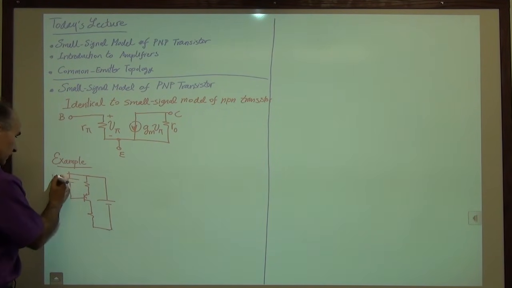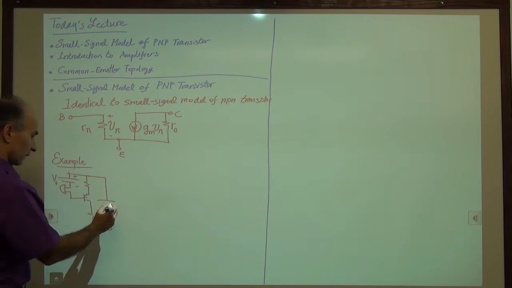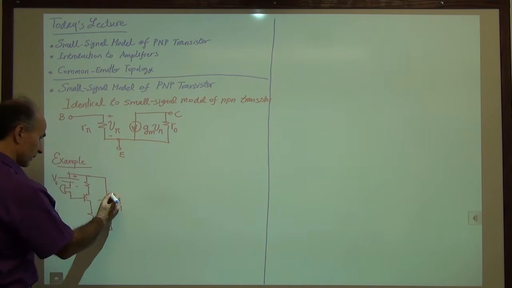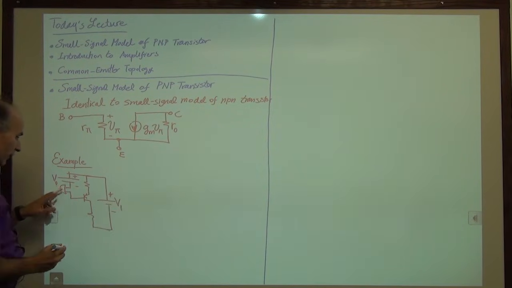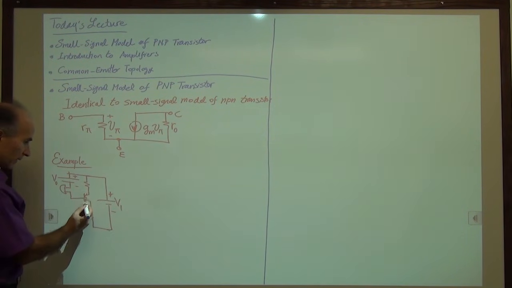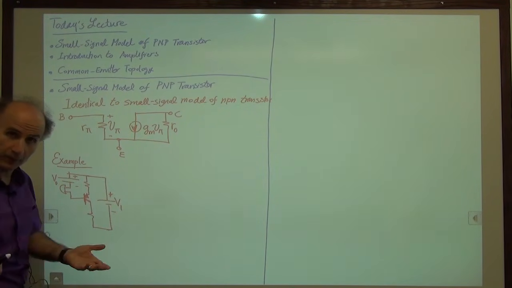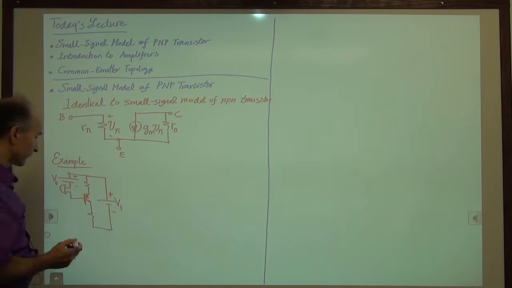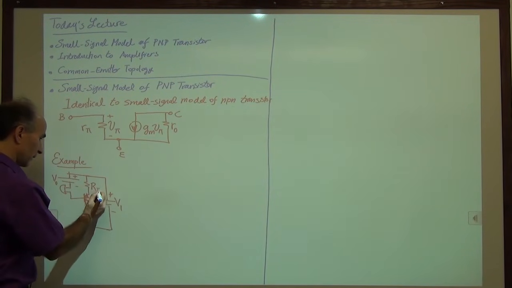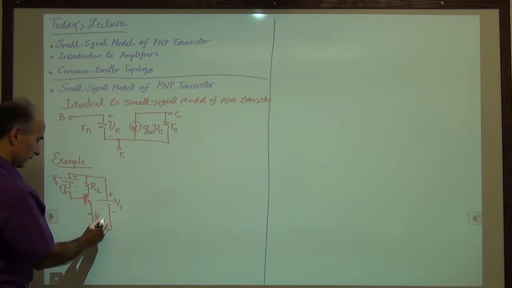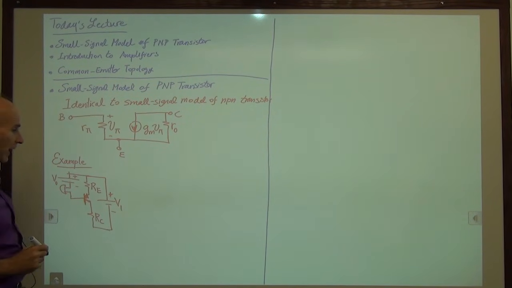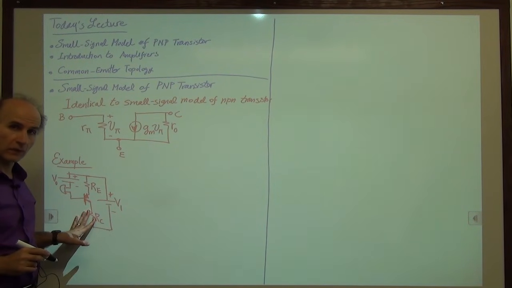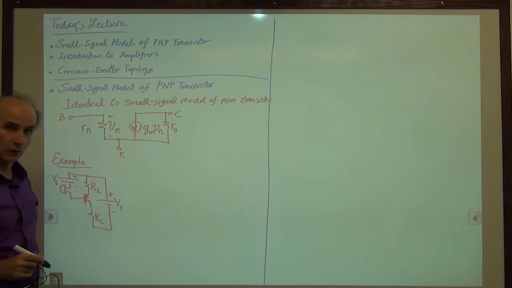So we call this V0, we call this V1. We have a microphone signal, there's a PNP transistor, and it just happens that its emitter is on top. It doesn't have to be, it just happens that we drew it like that. There's a resistor here, we'll call it RE. There's another one here, we call it RC. And we are asked to simply draw the small signal equivalent circuit of this circuit. That's it. We don't understand how it works, and that's fine for now.